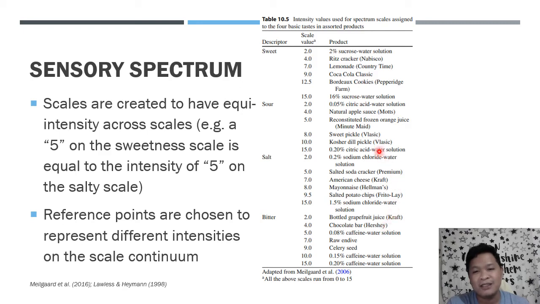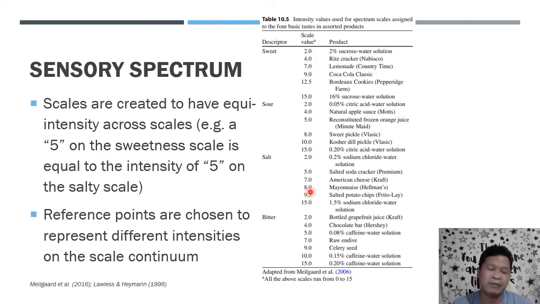Of course, as you've seen, they're all rounded off to, let's say, the nearest 0.5, right? So what if the actual intensity, for it to be interval data at least, is 9.3 instead of 9.5? But then again, those are things we have to live with and simply consider that those limitations may affect the extent to which the data can be accurate.